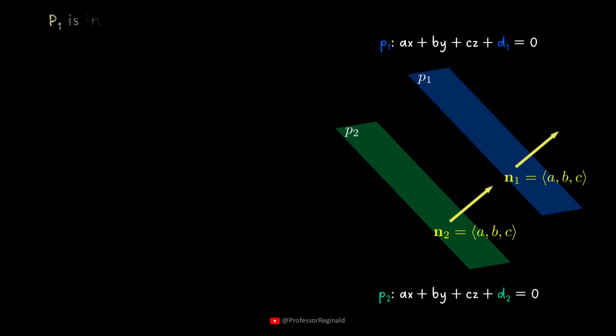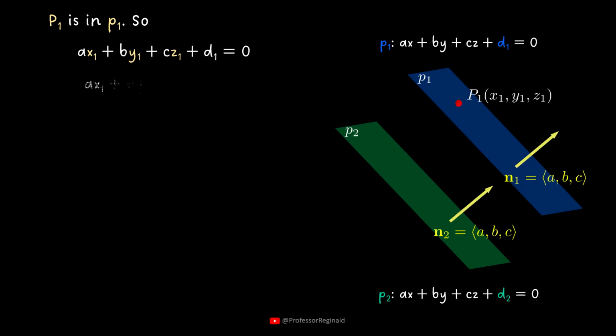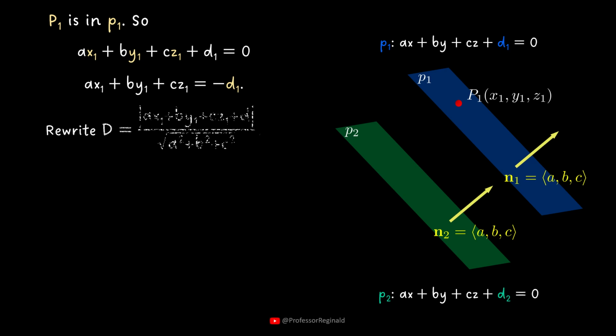For a point in the first plane, that point must satisfy the equation of the first plane. So the sum of these terms is equal to the negative of the constant term of the equation. Let us rewrite the distance formula for two parallel planes.